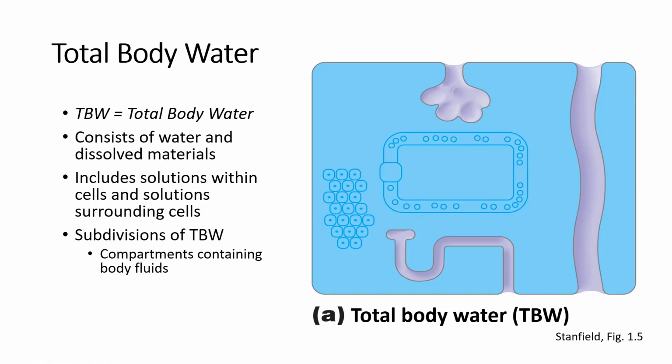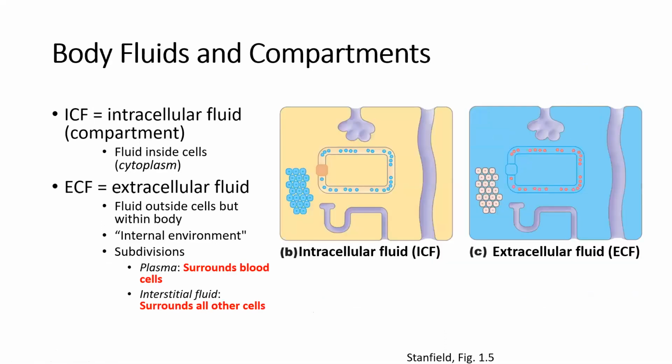And then within total body water, we have some other subdivisions or subcompartments. So the second compartments here that are inside total body water are the ICF and the ECF. ICF is going to be the intracellular fluid compartment. This is all the fluid that is inside our cells. So as we can see in the schematic on the left here, everything in blue is our ICF.